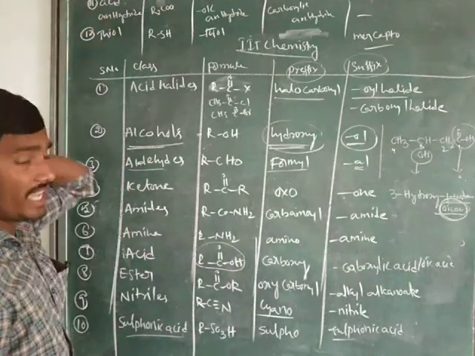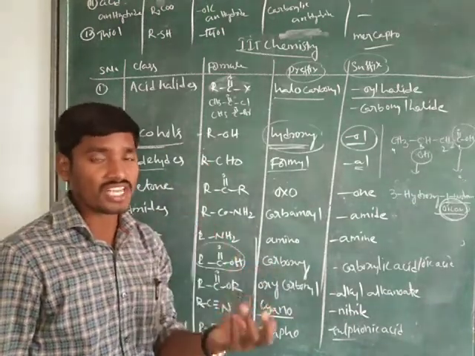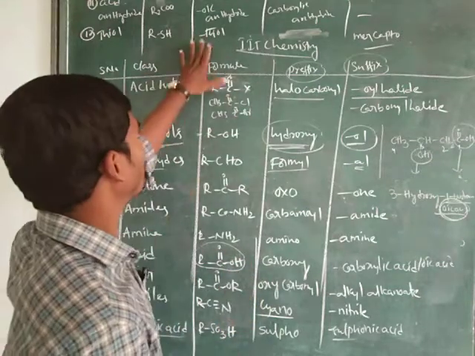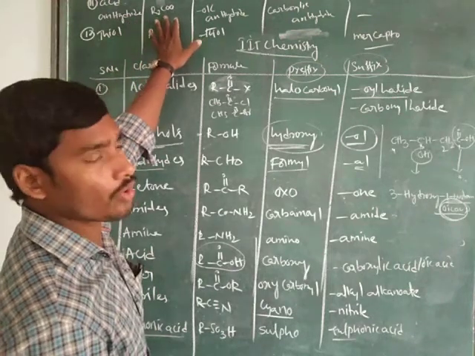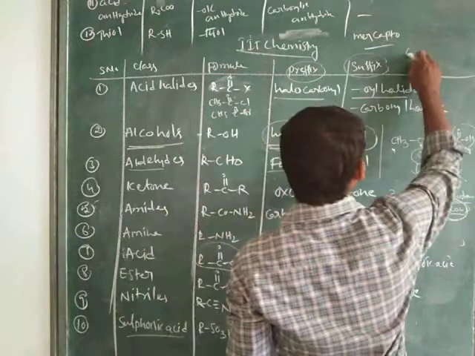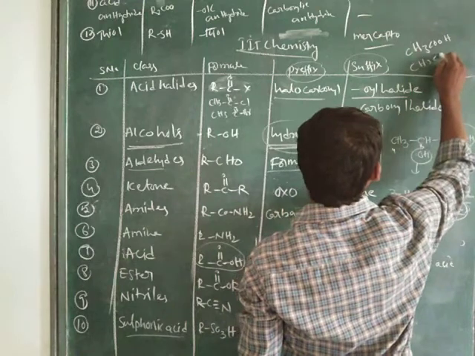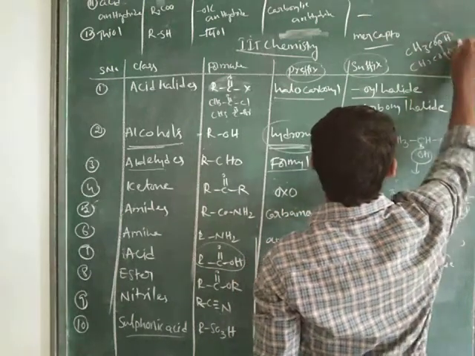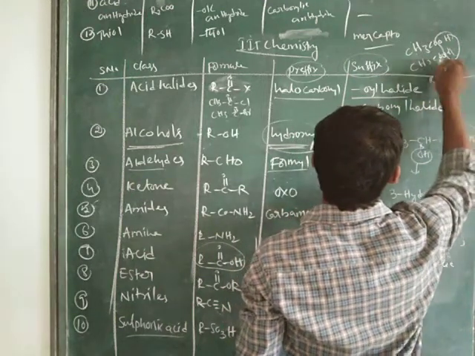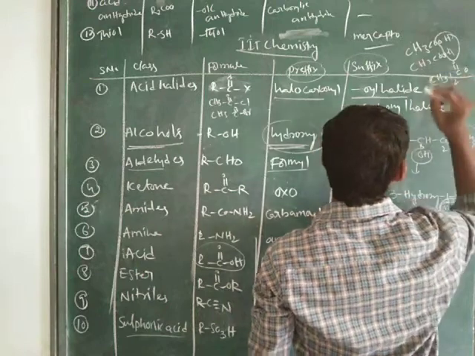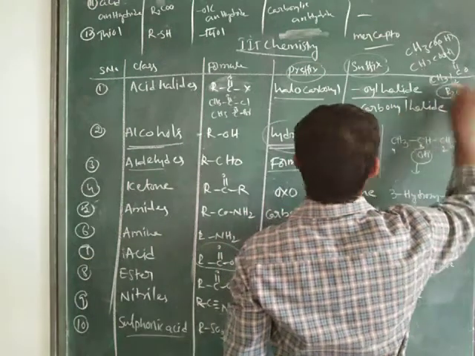See here, acid anhydride means, suppose we take two acetic acids. From the two acetic acids we have to remove one water molecule, then we get acetic anhydride. For the acetic anhydride, the functional group is (RCO)2O. That means from CH3COOH and CH3COOH, when we remove one water molecule, then what we have here is CH3 twice, C double bond O, and O. So instead of that we write (RCO)2O.